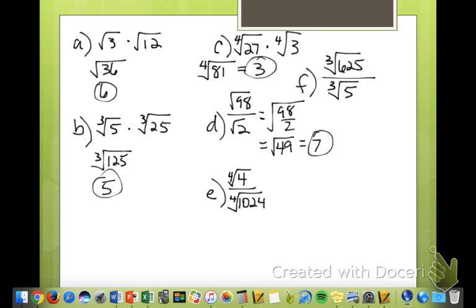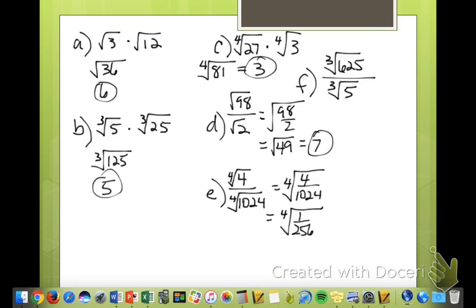It works with other roots as well. So if you write down the problem for E, the 4th root of 4 divided by the 4th root of 1024. So we can rewrite that as the 4th root of 4 over 1024. And then if we reduce that fraction, that becomes 1 over 256.